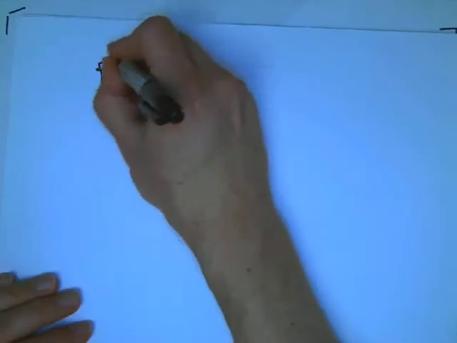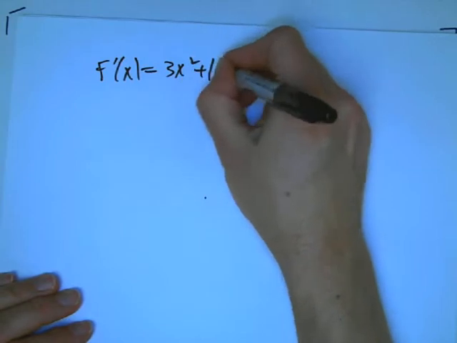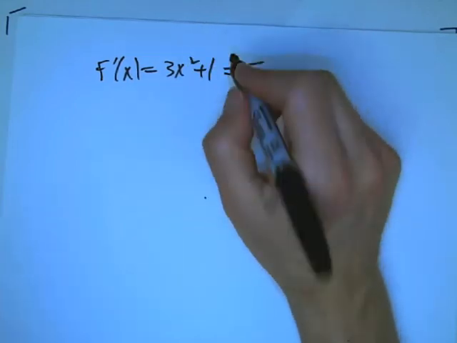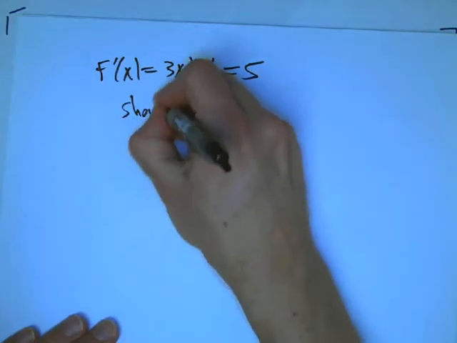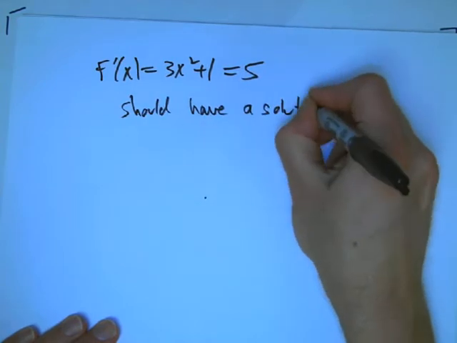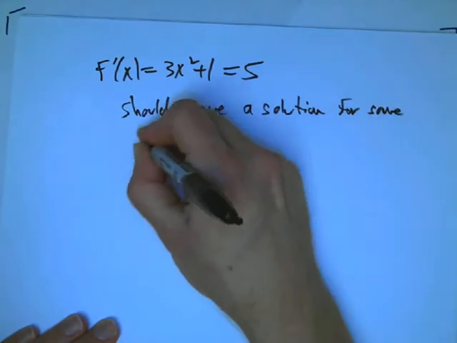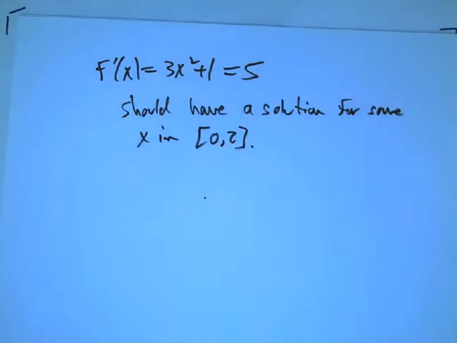And so MVT claims that if we look at the derivative, there will be a solution to this equation, and not only some solution, it should be some x in the interval.